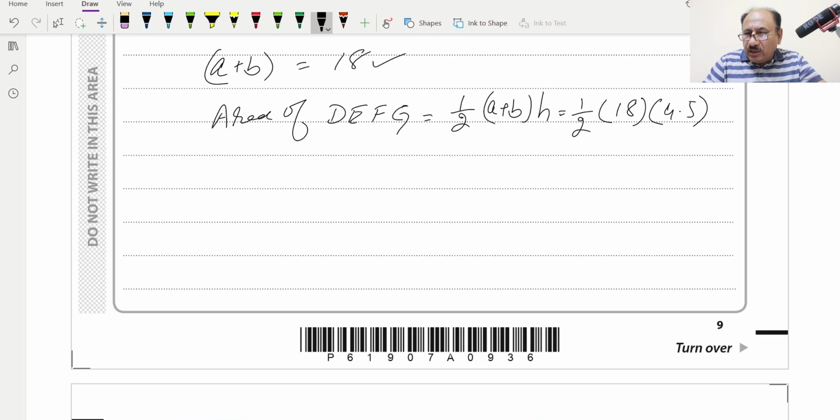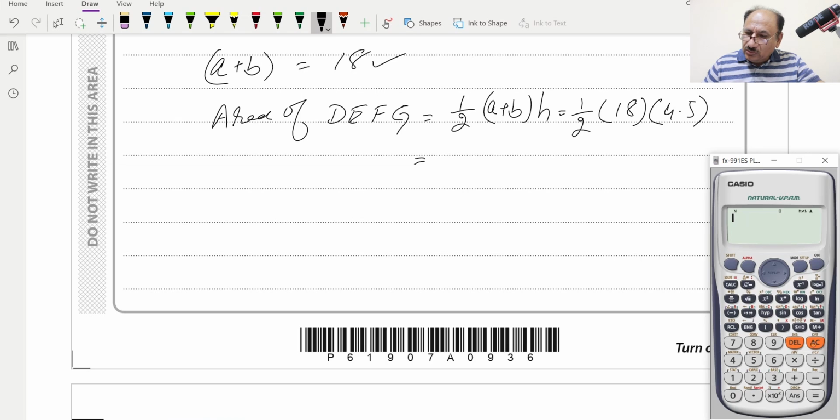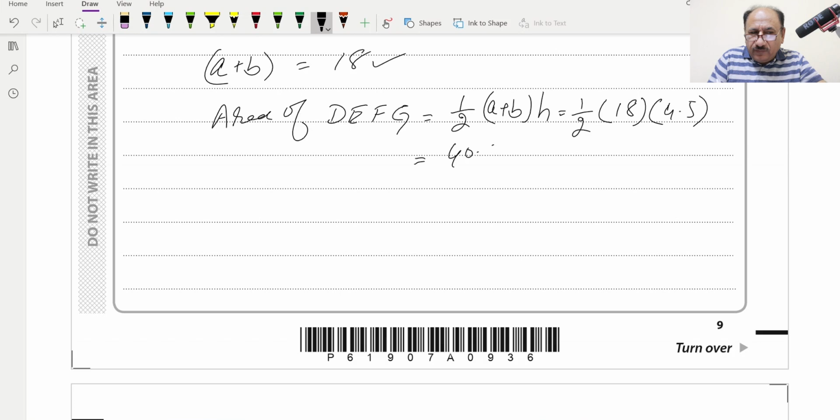So perpendicular height will be 4.5, and we can simplify this, so this will be 0.5 into 18 into 4.5 is equal to 40.5 basically. So 40.5, this is area, so centimeter square.